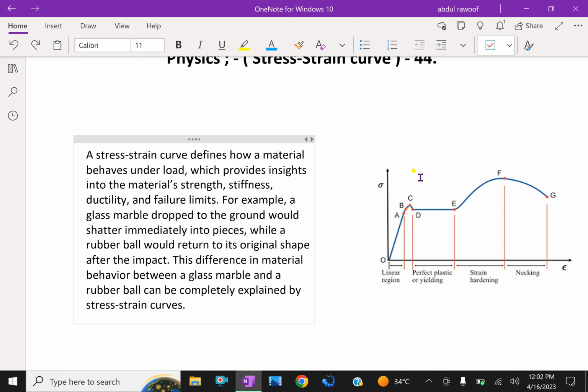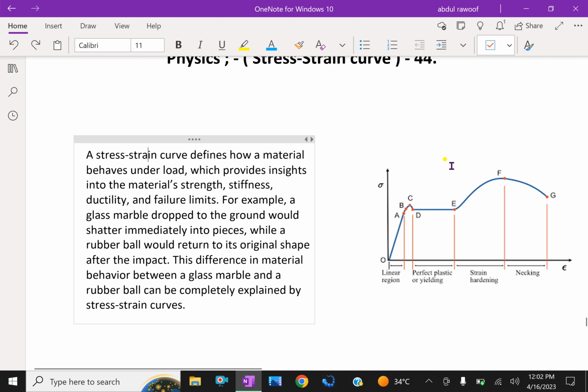The material is said to have a permanent deformation. The point D on the graph is the ultimate tensile strength, sigma u, of the material. Beyond this point, additional strain is produced even by a reduced applied force, and fracture occurs at the point E.